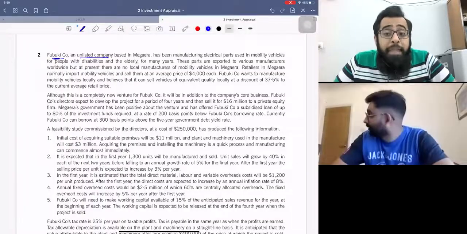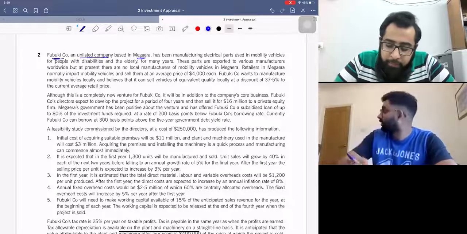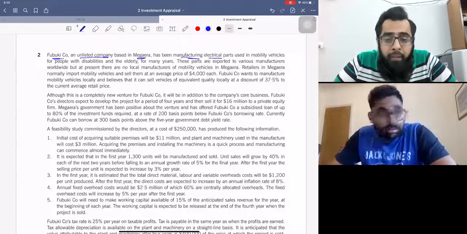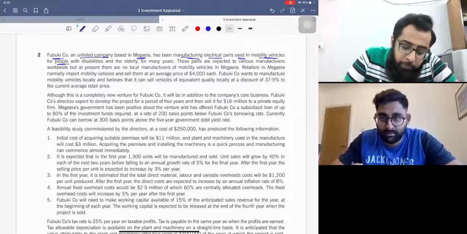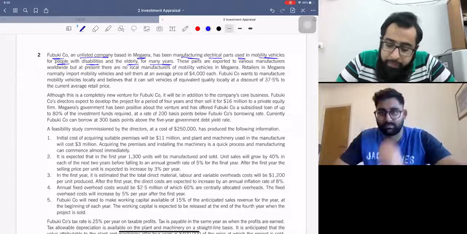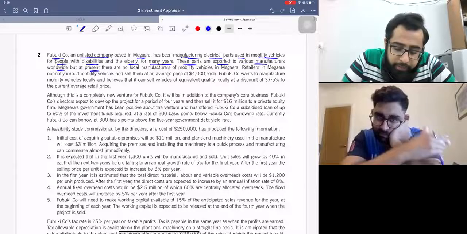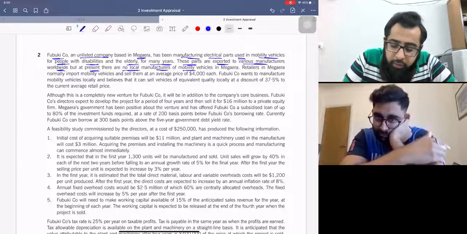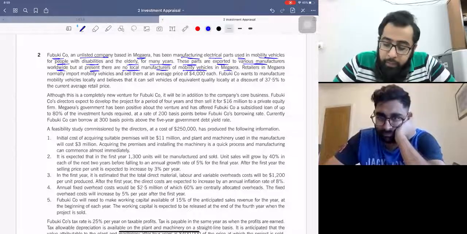So, Fubiki company, an unlisted company based in Migira, has been manufacturing electrical parts used in mobility vehicles for people with disabilities and the elderly for many years. These parts are exported to various manufacturers worldwide, but at present there are no local manufacturers of mobility vehicles in Migira.